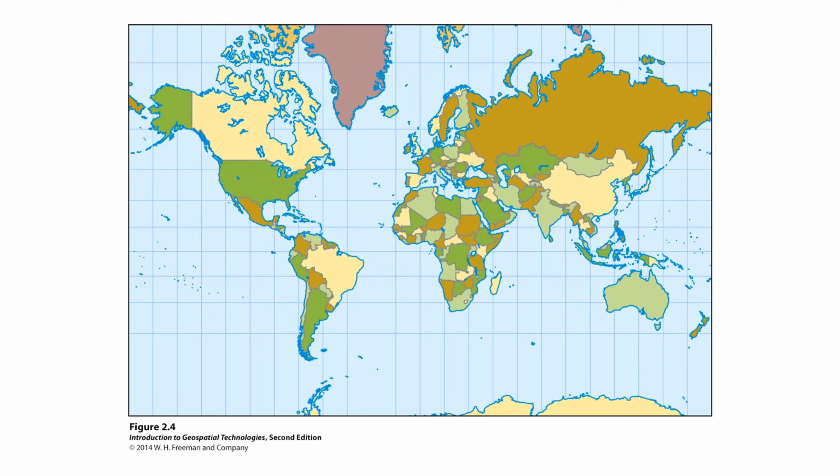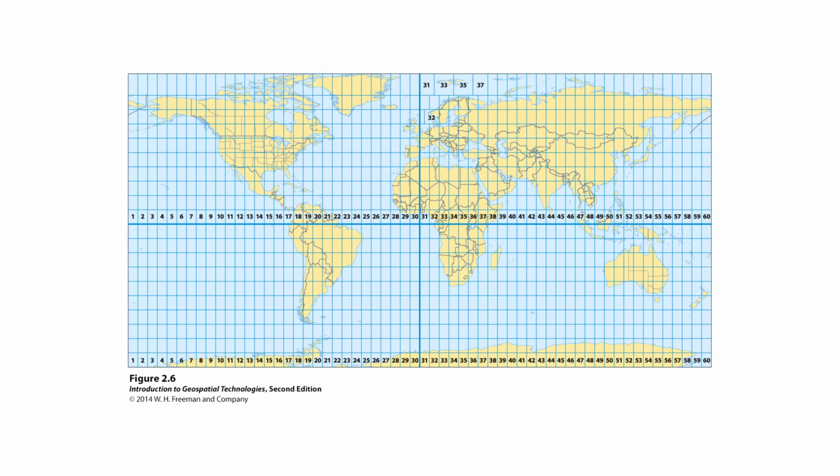This is a cylindrical projection, and cylindrical projections like this tend to distort size. This is noticeable because Greenland looks the size of Africa, but Greenland is only 1/17 the size of Africa. We use cylindrical projections a lot.